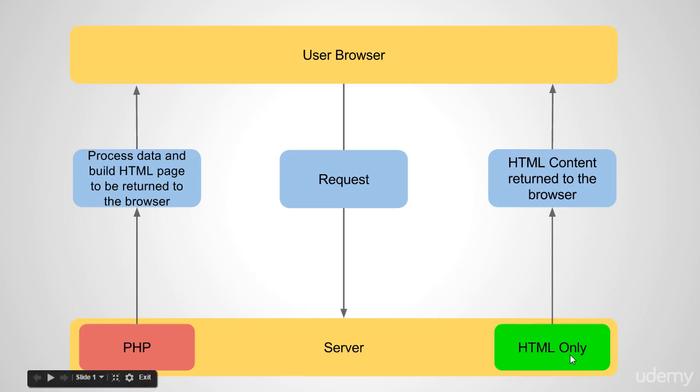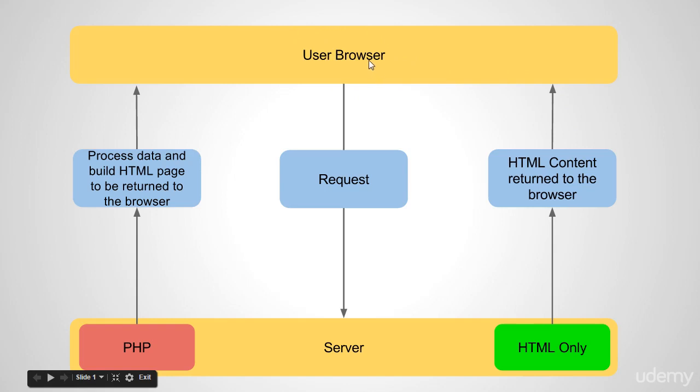All our pages that we have created so far using HTML, CSS, JavaScript, jQuery, and Bootstrap are static pages with static content. So if we request an HTML page with no PHP, then this page is sent directly to the browser. We get all the HTML content returned to us, and we can see the page on our screen.